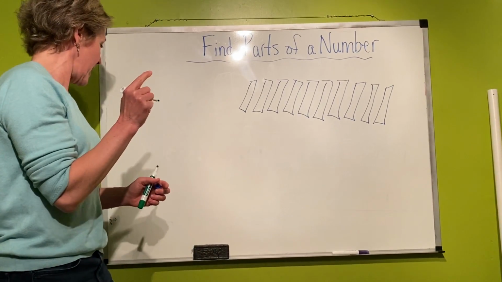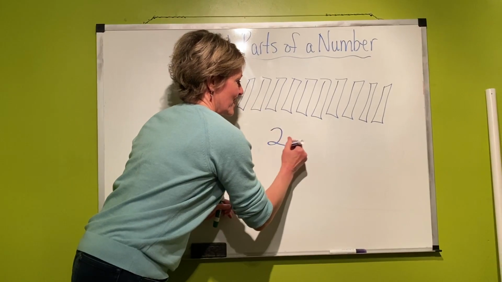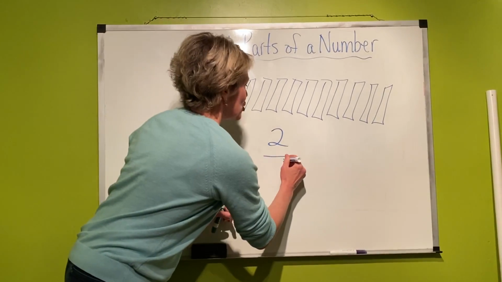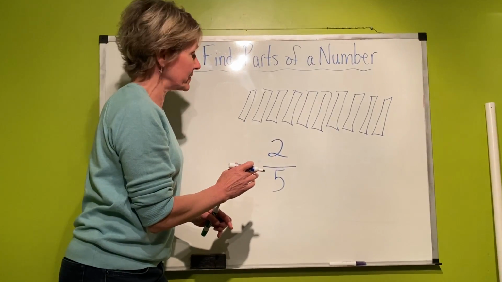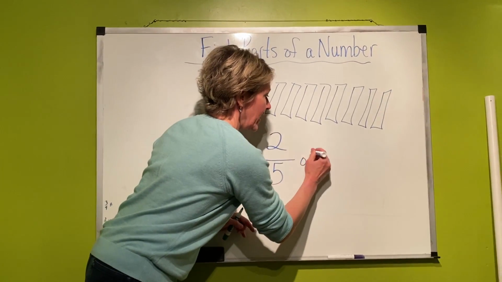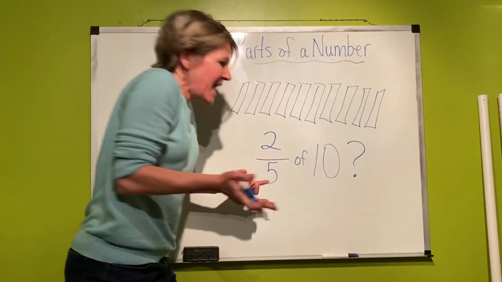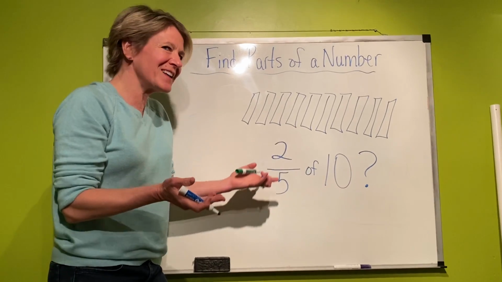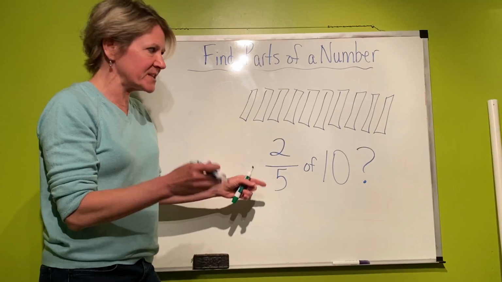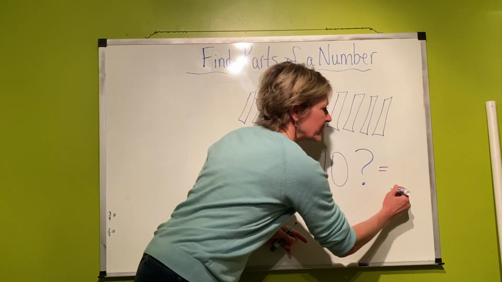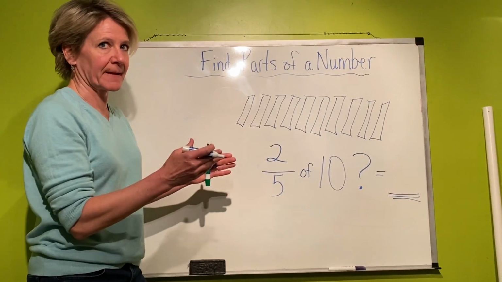But when you woke up, somebody said one of your parents ate 2/5 of your Kit Kats when you were asleep. And if I said, well, how many Kit Kats did they eat then? What is 2/5 of 10? That one's not so common sense. What is 2/5 of 10? I'm looking for how many Kit Kats went missing.